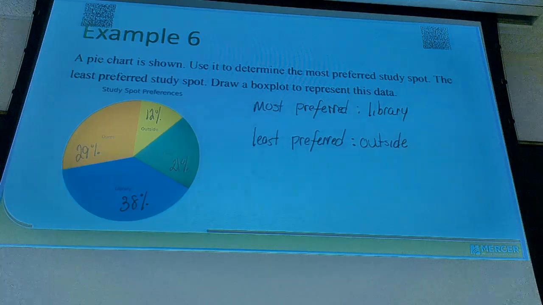Start outside and go counterclockwise. I could probably just start here and go counterclockwise and say dorm, library, cafe, outside. Actually, I like that better.